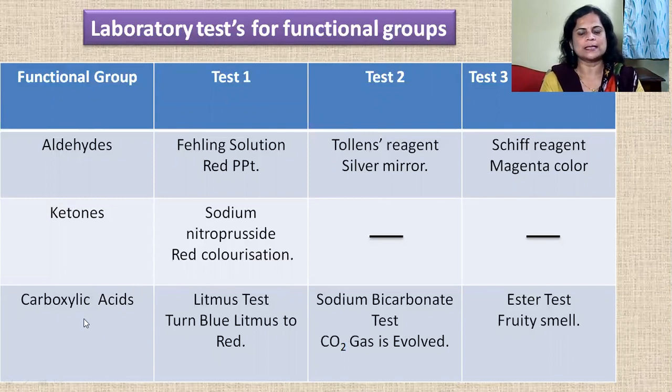For the carboxylic acid, the blue litmus paper turns red; the sodium bicarbonate test evolves CO2 gas and forms a precipitate of the acid; and the ester test gives the fruity smell of ester. So we have completed all these laboratory identification tests for aldehydes, ketones and carboxylic acids. Thank you.